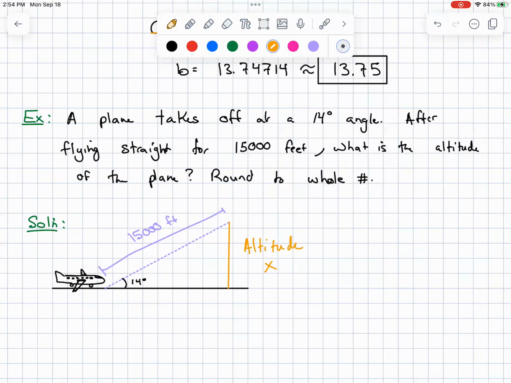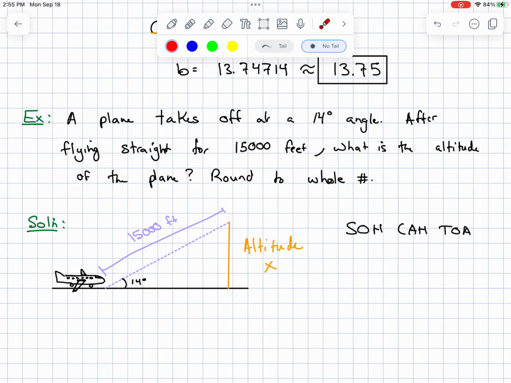So looking at SOHCAHTOA, which trig ratio should we use? Cosine would be adjacent over hypotenuse. So, yeah, we're gonna use sine. Now, one of the great things about trigonometry, in my opinion, is as long as you have two angles and one side, you can find everything else.